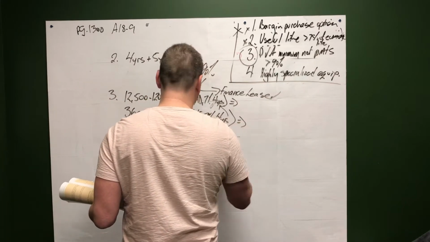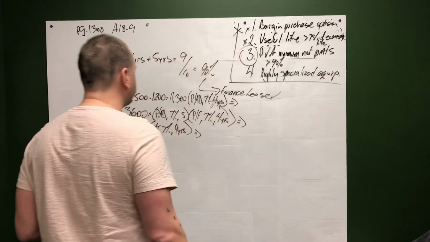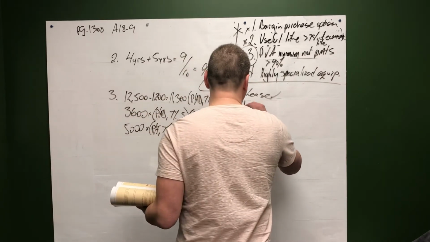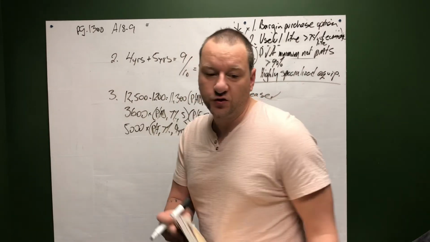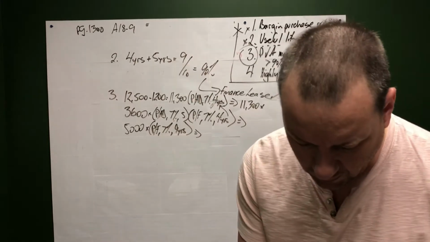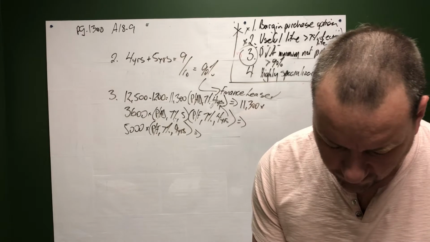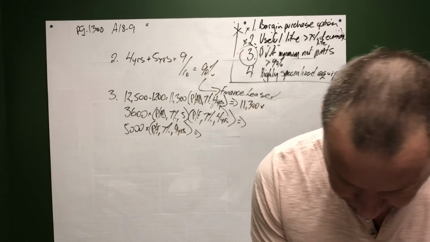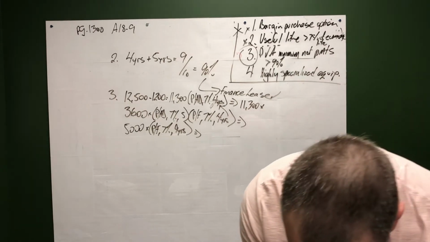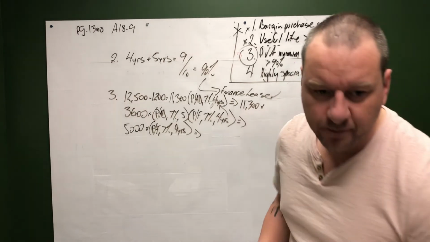11,300 times what? Well, we got to go to our future value table. We're going to go to the future value table of an annuity due. That's on page 1679.